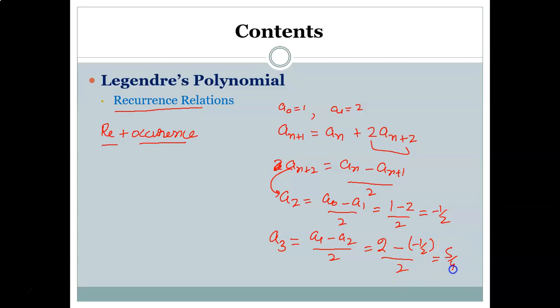This gives you 5 by 4. This way you are getting a3, and so on. In fact, from this relation you can get all the terms of this sequence. Such a relation is called a recurrence relation.